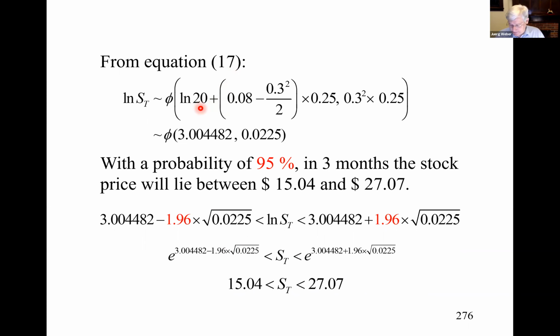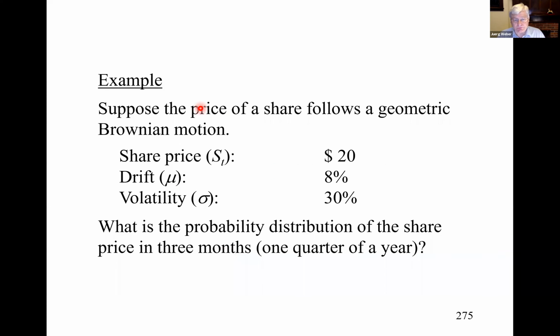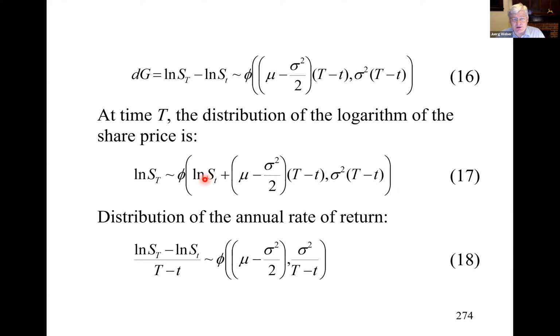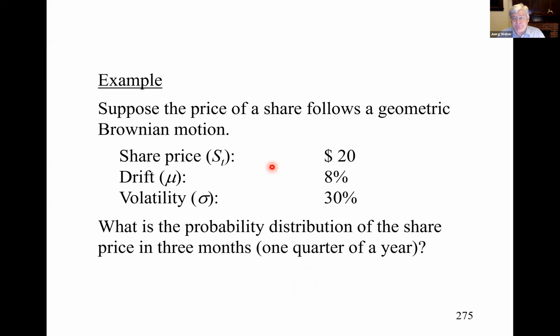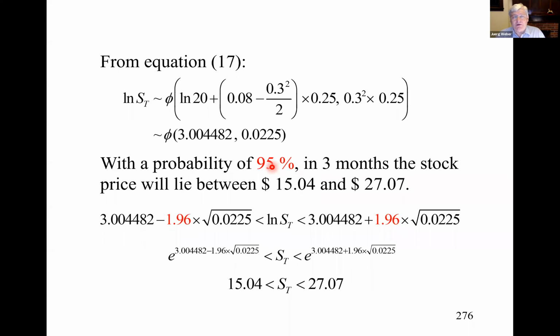So $20. You see, it's a natural logarithm. Now you take from the $20. Then we have here the 8%, 0.08. Here we have the variance. So take the square of the standard deviation, 0.3 squared, and so on. You see here is the natural logarithm of $20, here's the 8%, and here's the standard deviation squared.